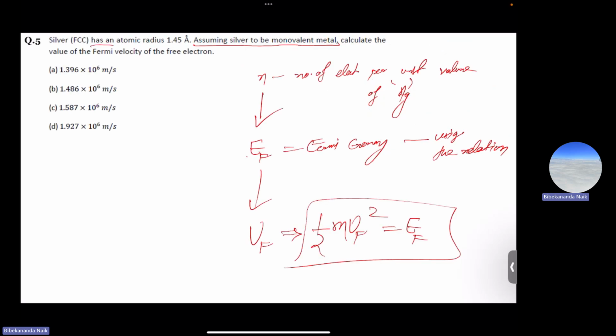And if you talk about the atomic radius, the atomic radius is 1.45 angstrom.